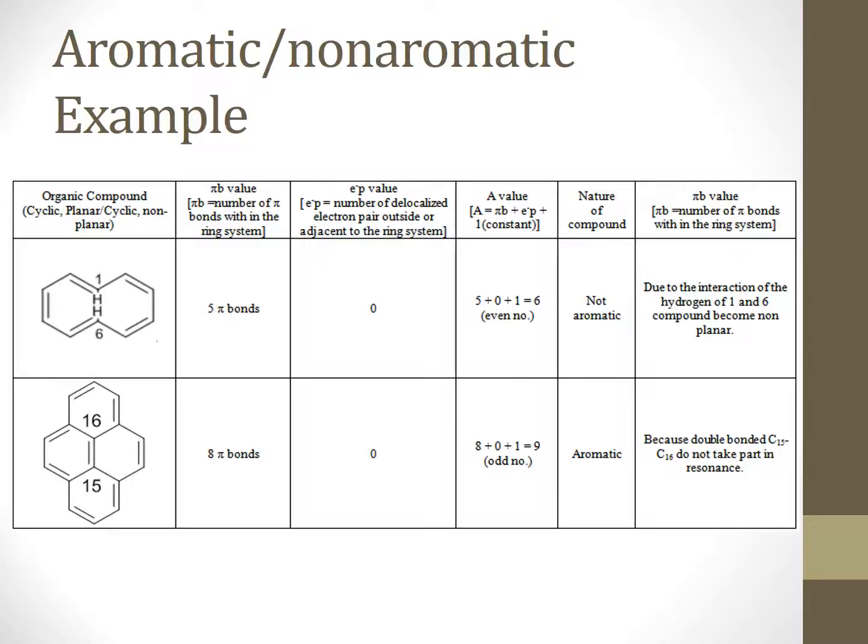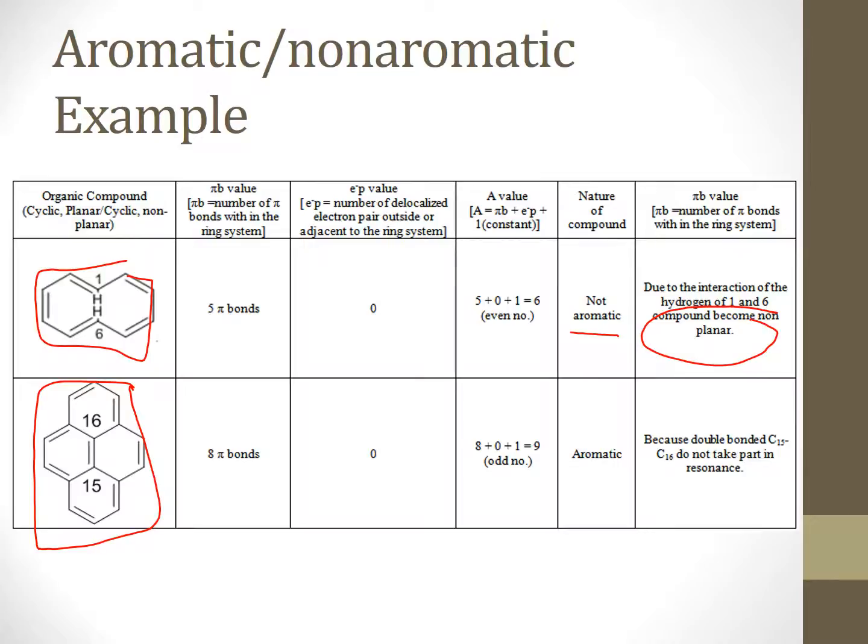So this top one here, the reason why this one is not aromatic is it fails in the category of being planar. However, the second one down here at the bottom, it is aromatic because it passes all those rules that we saw before. It's planar, passes Hückel's rule, it's a conjugated system.